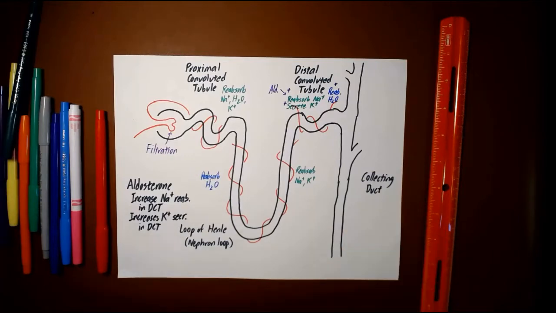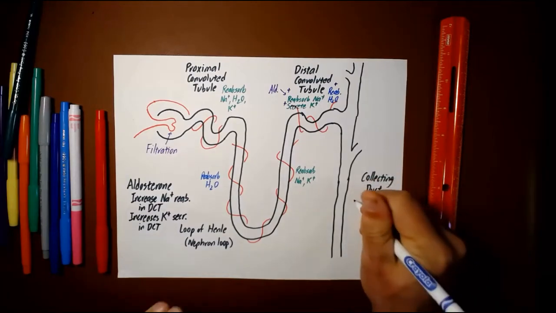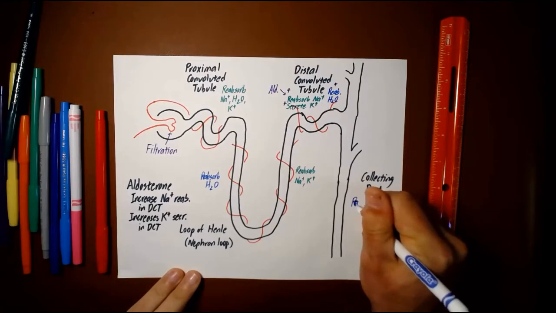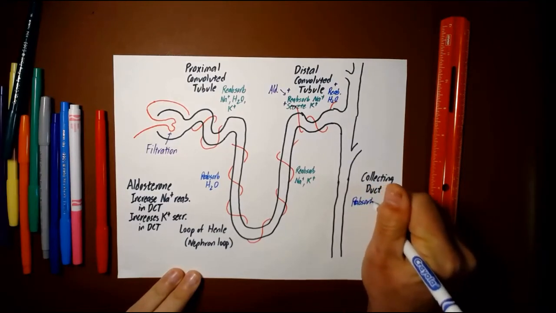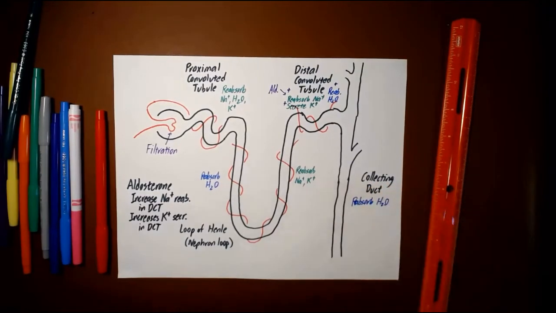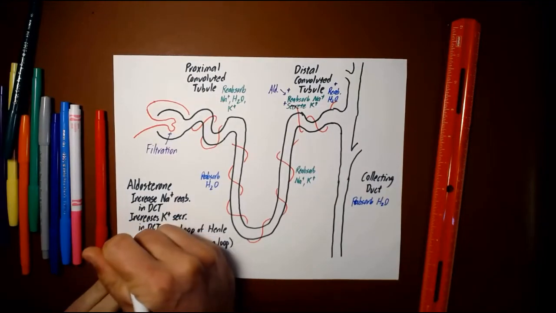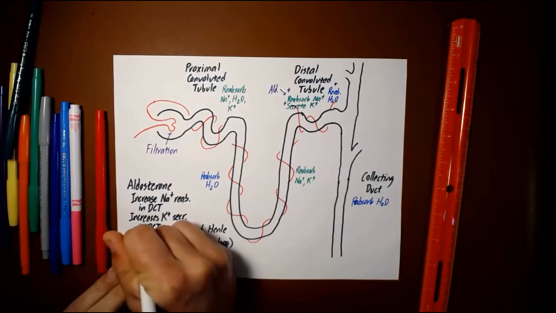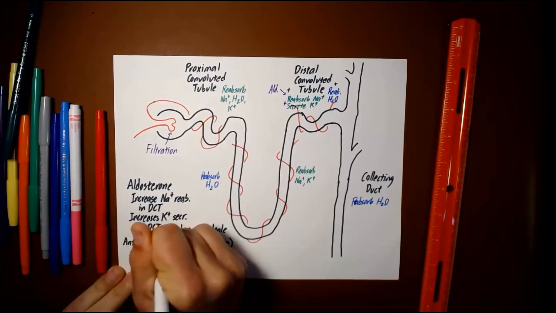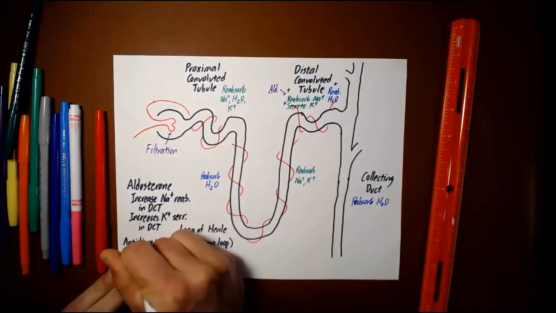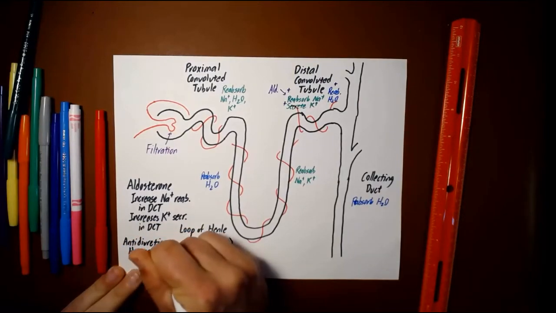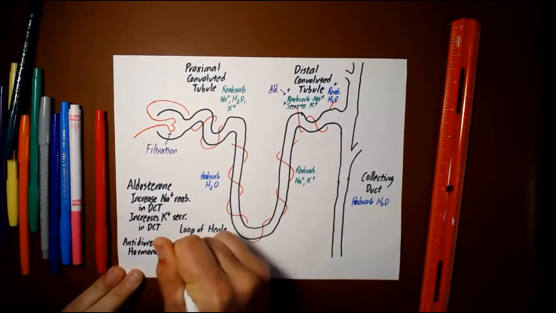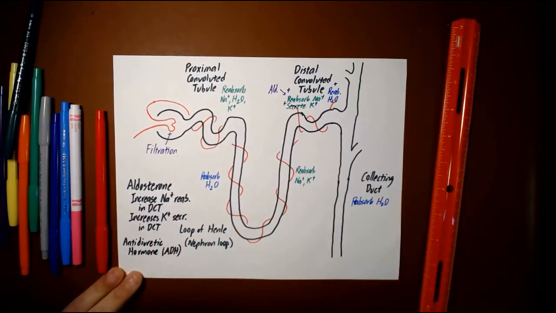Now here in the collecting duct, we're mostly going to be looking at the variable reabsorption of water. So here we reabsorb water. And this is going to be controlled largely by the hormone antidiuretic hormone, also known as ADH, or also known as vasopressin.